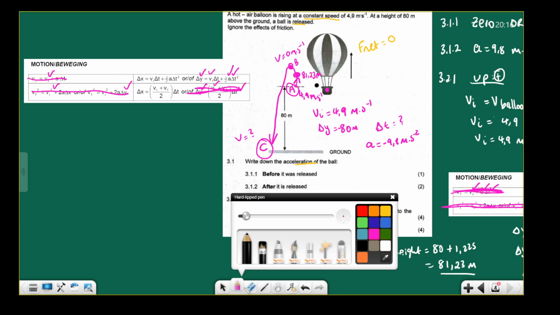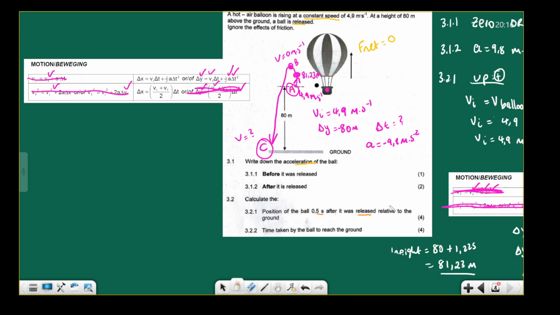But then it's fine. If you wanna use it, by the way, you can give it a shot. So you're gonna use change in Y is equal to VI change in T plus half A change in T squared. Now our change in Y, we know it's negative 80. The initial velocity, we know that it is 4,9.